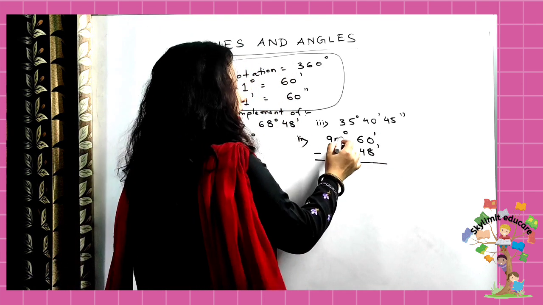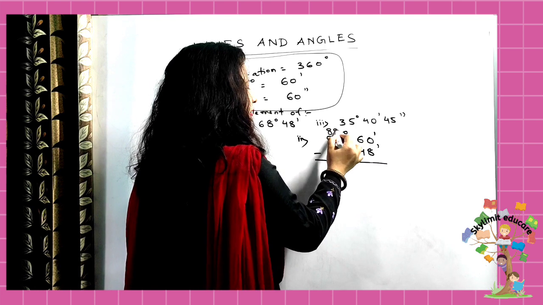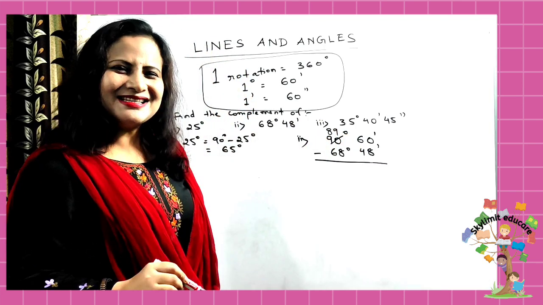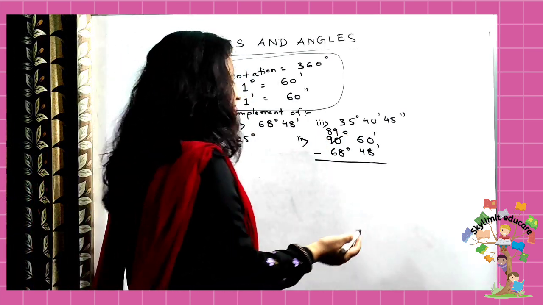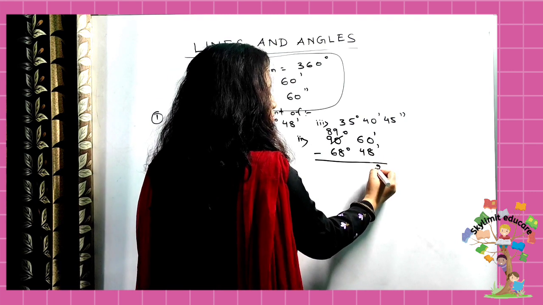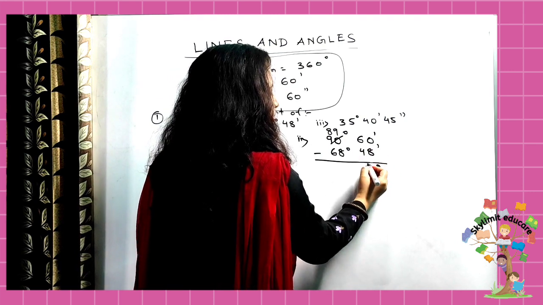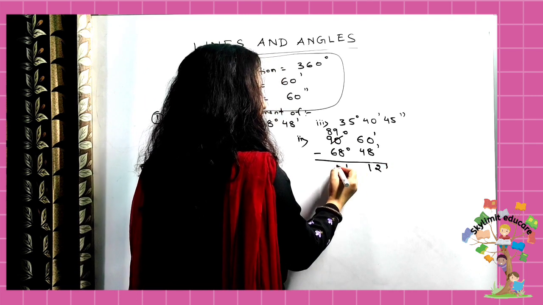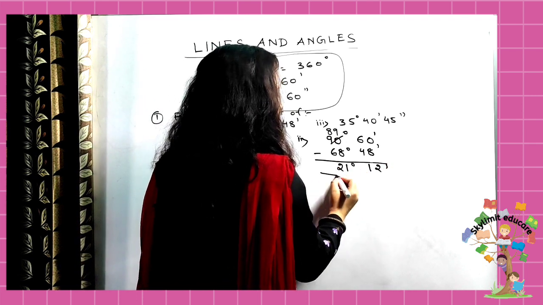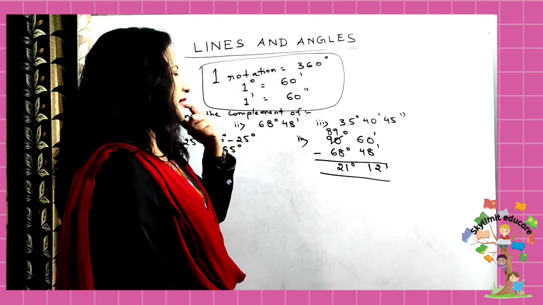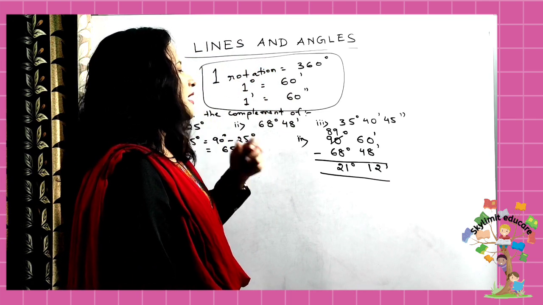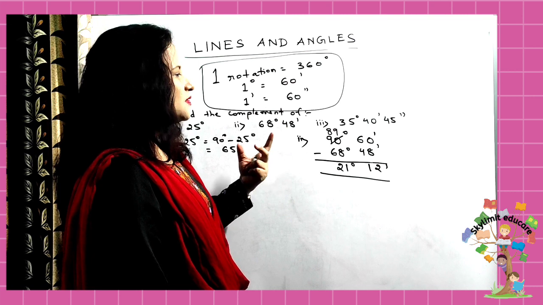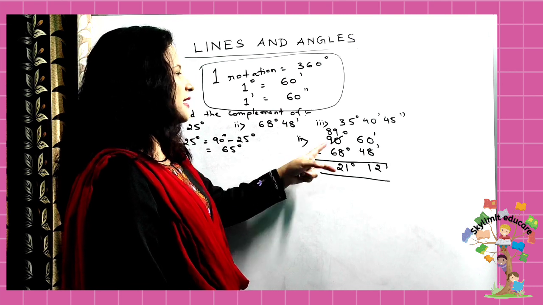And here how many degrees remain? 89 degrees, right? Now easily we can subtract. So this is 60 minus 48, which is 12 minutes, and here 21 degrees. This way you can find the complement of any given angle which is expressed in minutes as well as in seconds. We can easily find it out.